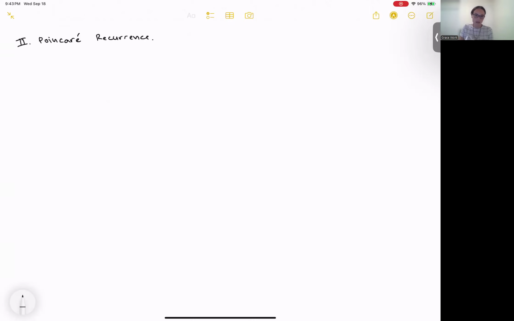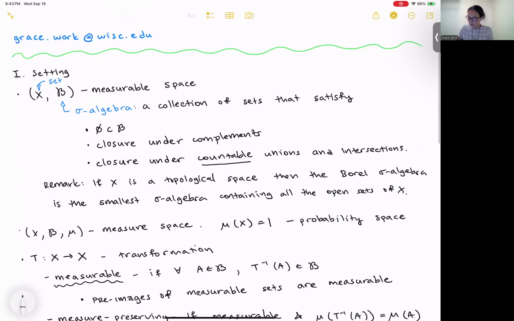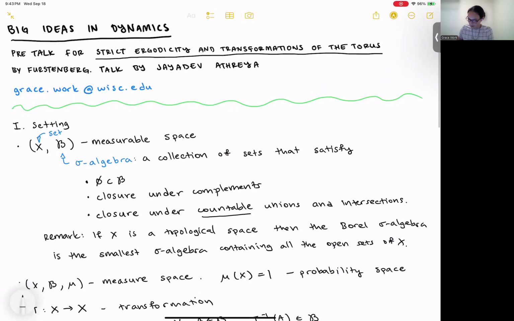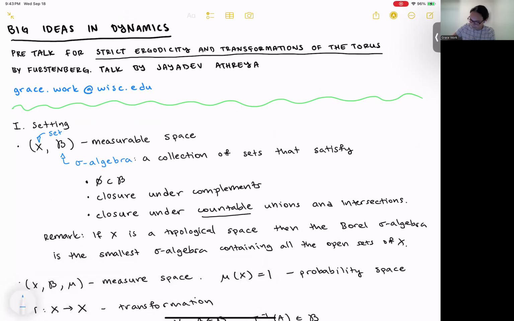And I realized I meant at the beginning to give you a reference for some of these things. So if we scroll up, one of the references you can look at is the book Introduction to Ergodic Theory by Peter Walters.